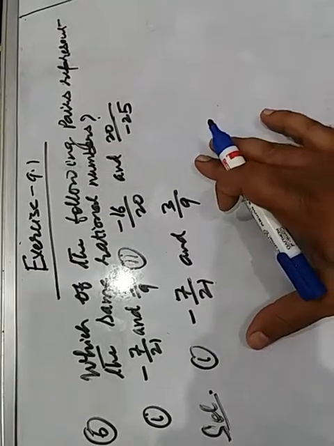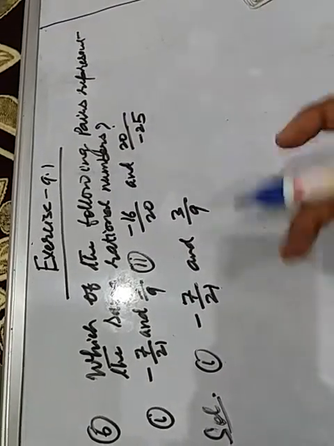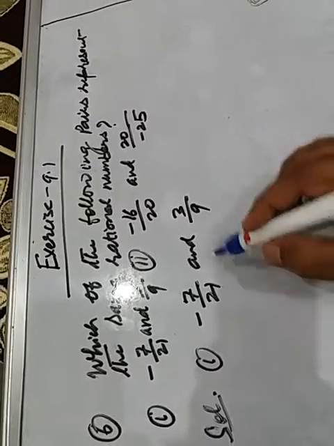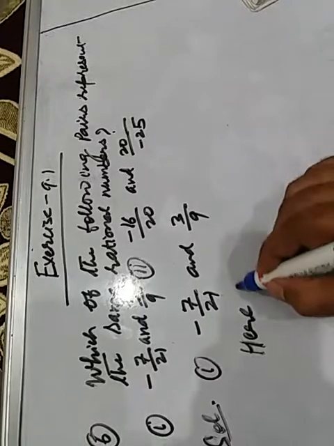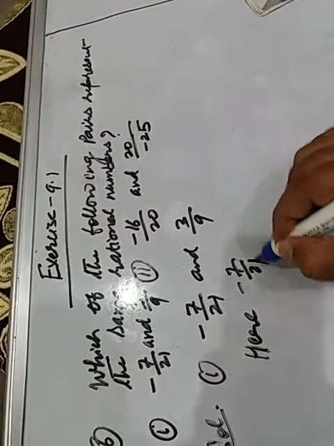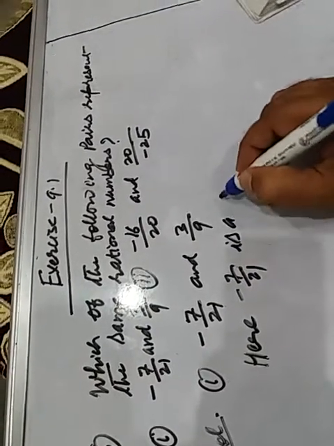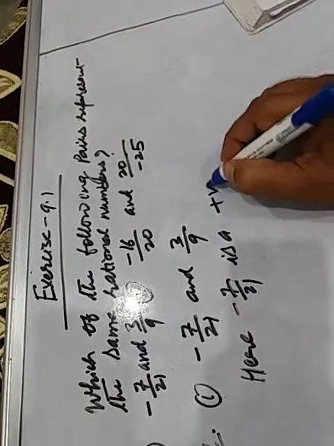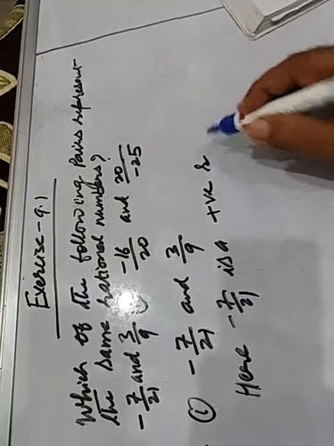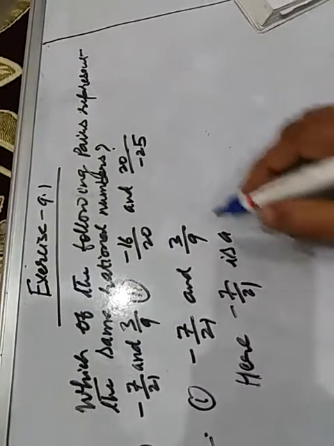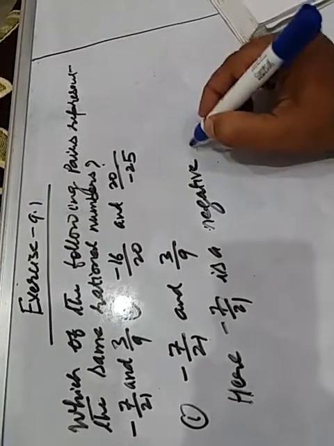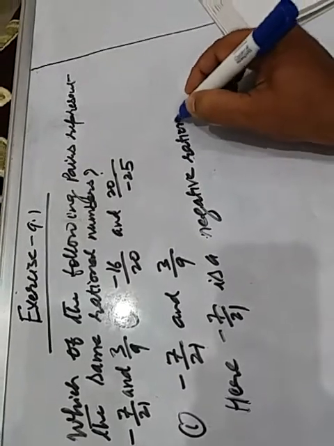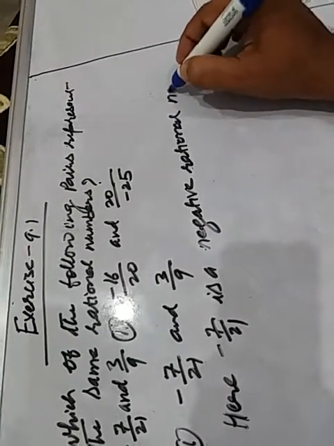At the beginning only, we can find this out. Here minus 7 upon 21 is a negative rational number.